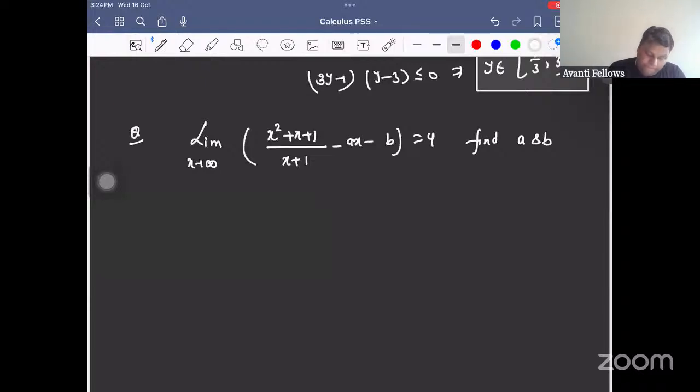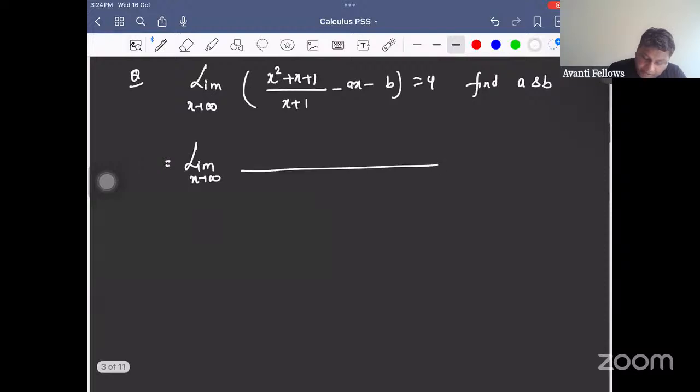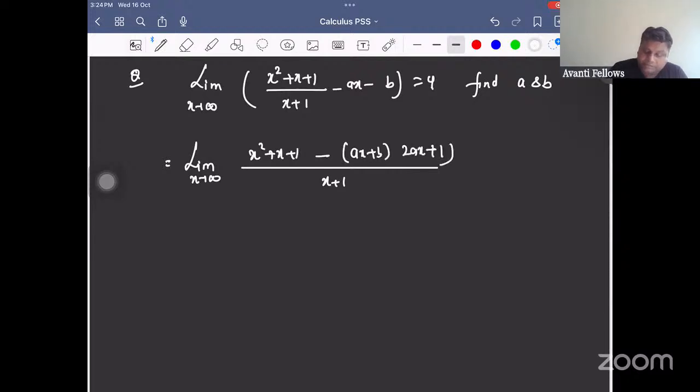Now see, this is limit x approaches infinity. Take LCM as x plus 1. So you get x square plus x plus 1 minus (ax plus b) into (x plus 1), over x plus 1.